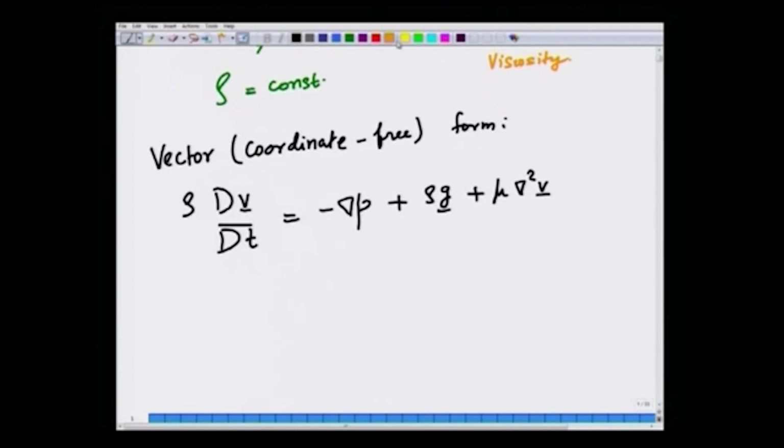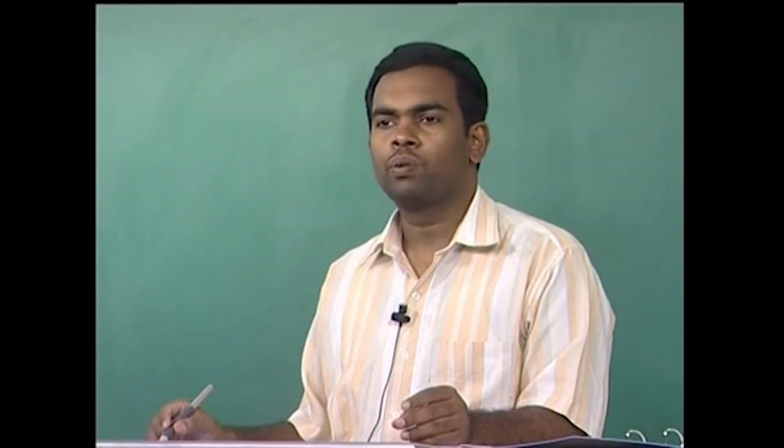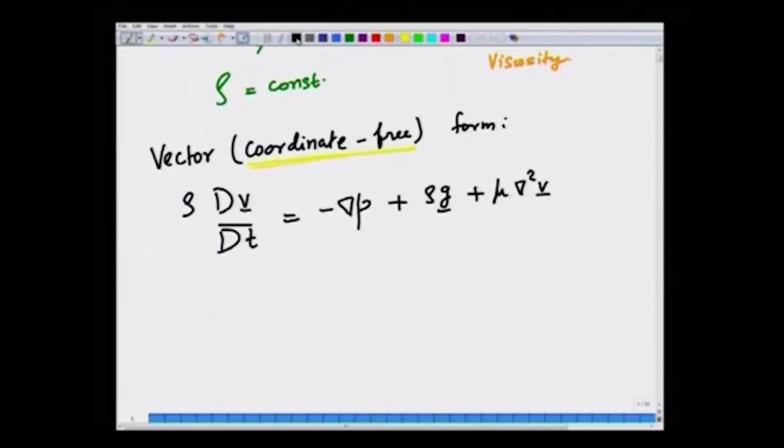This is also called the coordinate free form, because this form is independent of coordinate systems, and if you want to write it in different coordinate systems such as Cartesian, cylindrical or spherical coordinate systems, you must first understand how to write the various differential operators in these different coordinate systems.